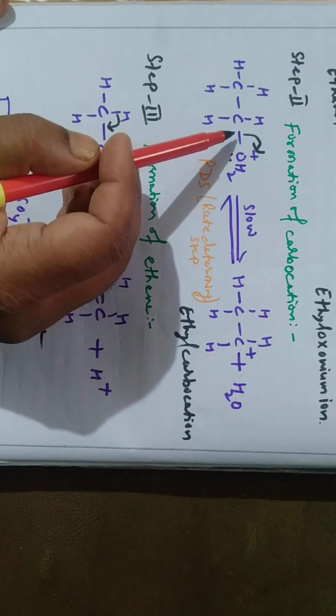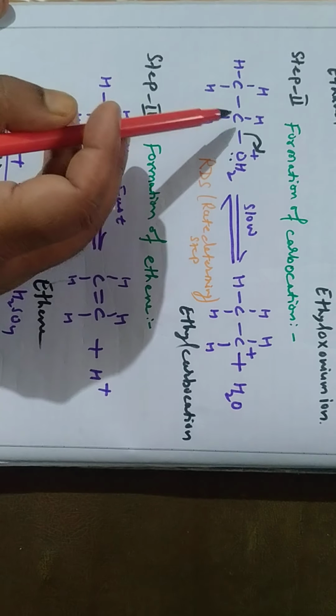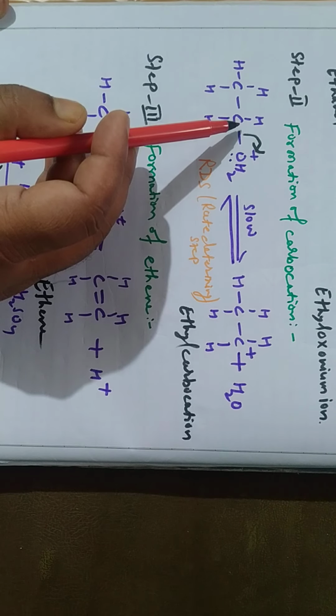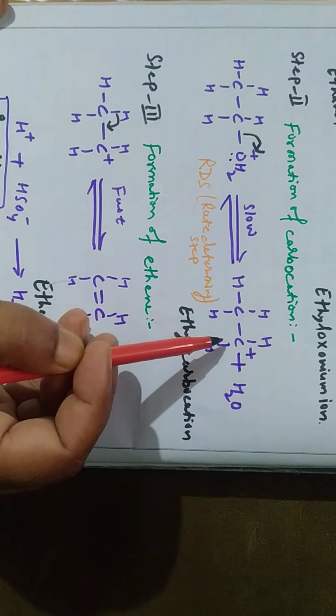As a result, a scarcity of electrons occurs at the carbon atom, so the carbon atom becomes positively charged. So here a carbocation is formed.